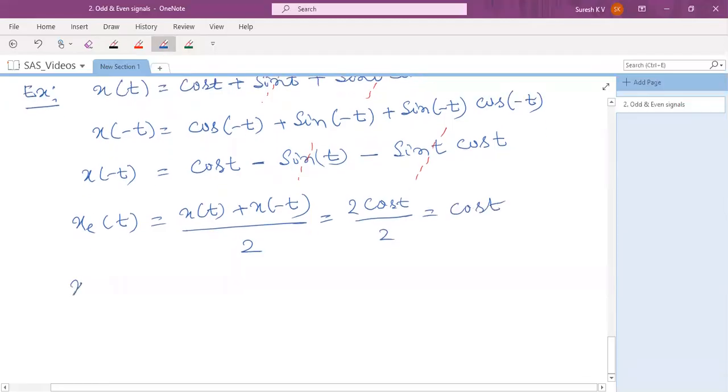Similarly, I can find the odd portion of the signal by subtracting. So it is x of t minus x of minus t divided by 2.